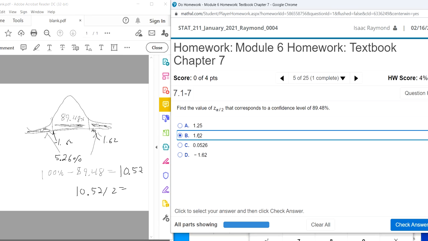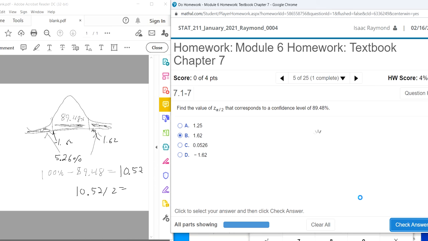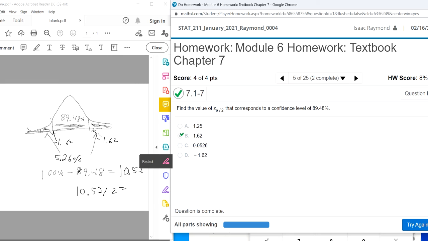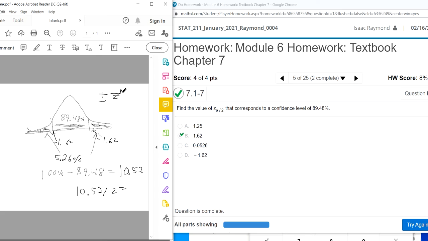It's kind of interesting that MyMathLab, I think they're going to insist that you use the positive answer. The negative one should be fine too because when we construct a confidence interval, it's plus or minus z star times a bunch of other stuff, depending on whether it's a mean.